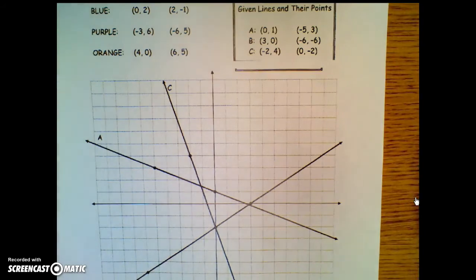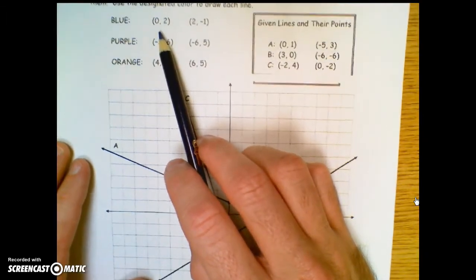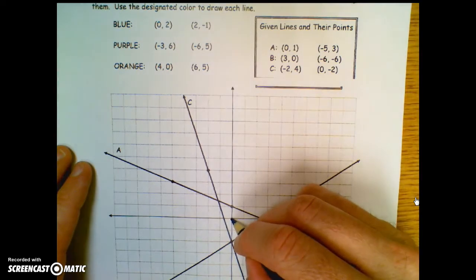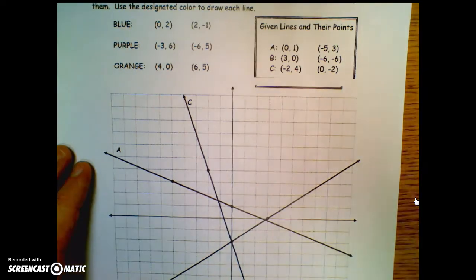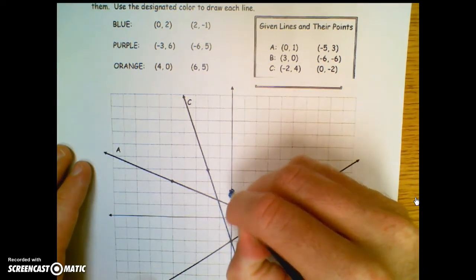First thing we're going to do is graph the blue line. So on my graph, I'm going to start at the center, the origin, and go to 0, 2. So it's right there. That's the first part for the blue line.